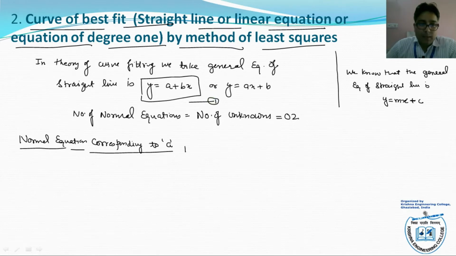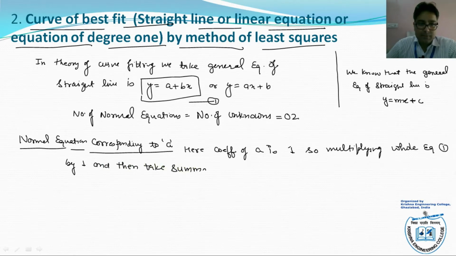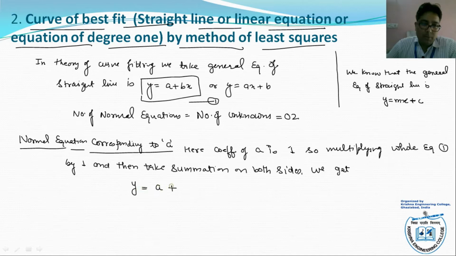Here the coefficient of a is 1. So multiplying the whole equation first by 1 and then taking summation on both sides, we get: 1·y = a + bx, and then take the summation.